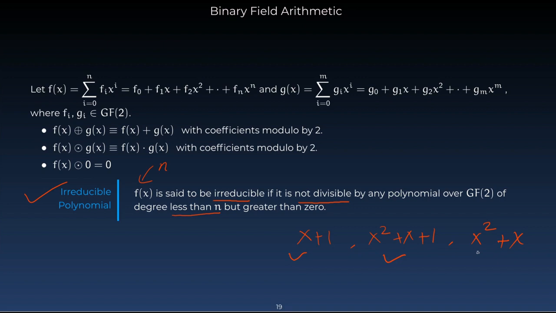It can be written as x times (x plus 1), and you see that clearly it is divisible by x or x plus 1. So that's why this is not an irreducible polynomial. Okay.